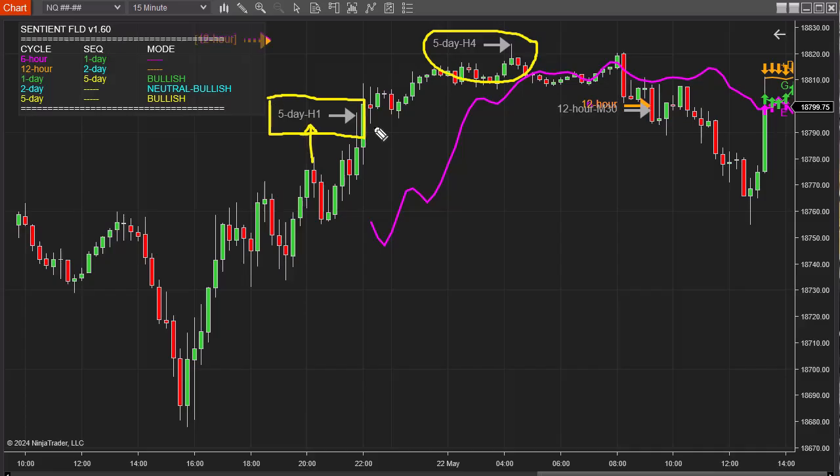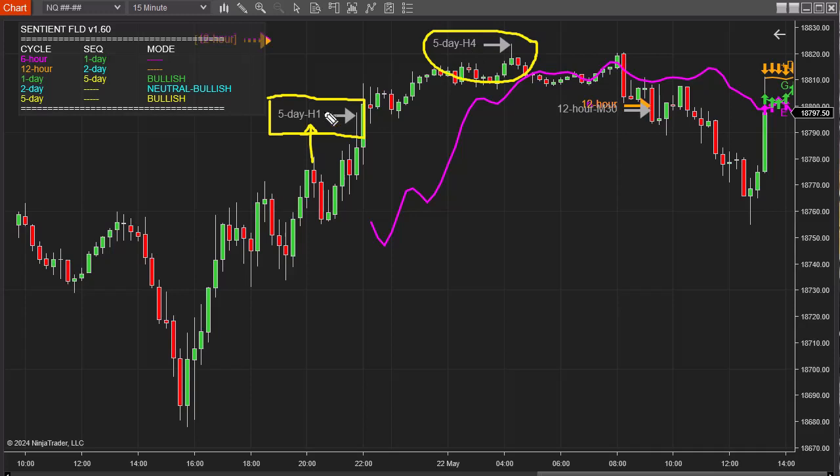So here you can see a perfect example of the fact that the targets differ slightly from one time frame to another, from the hourly time frame to the 4-hour time frame. Why is that? It is because on the 4-hour time frame, you of course only have 6 bars per day. And so for the 5-day cycle, you would be looking at roughly 30 bars, a little bit less than that.